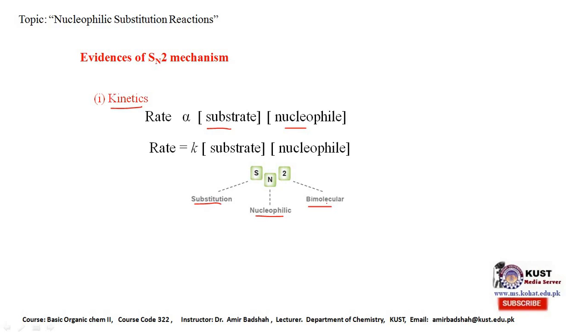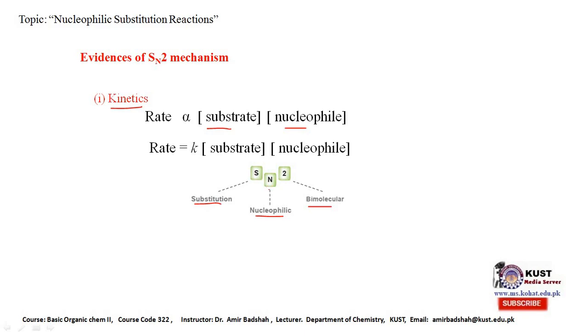It is defined as the number of molecules which are involved in the rate determination step. So here the two molecules, the substrate and the nucleophile, are both involved in the rate determination step, so it is called bimolecular.